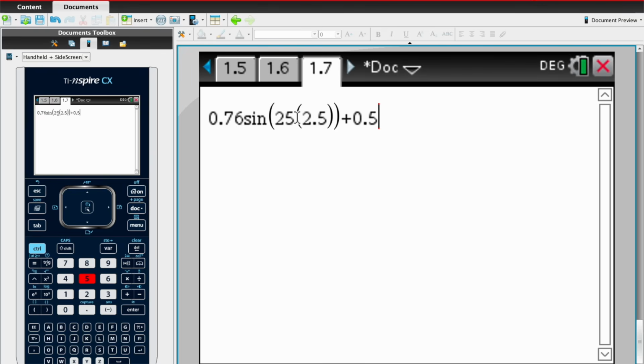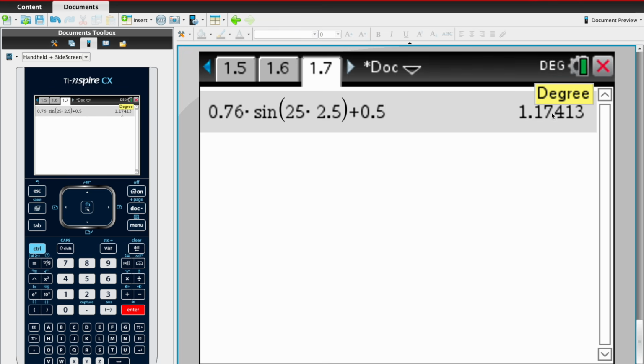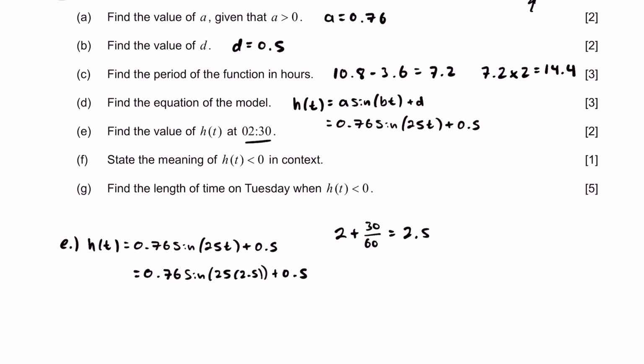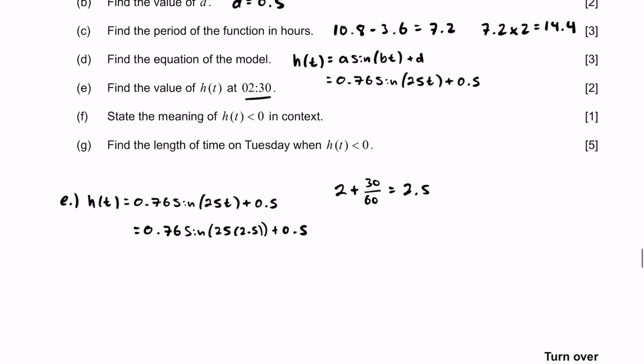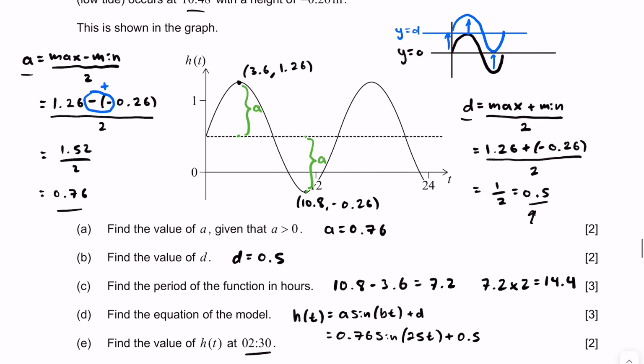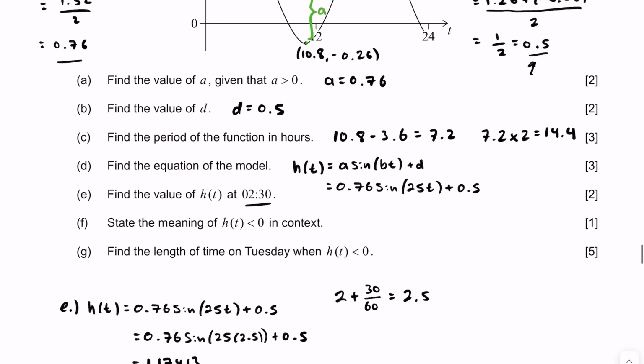Make sure this is good, and make sure in degrees. So the height is 1.17413. So writing that out, 1.17413. 1.17 meters to 3 significant figures. Okay. Let's go on.